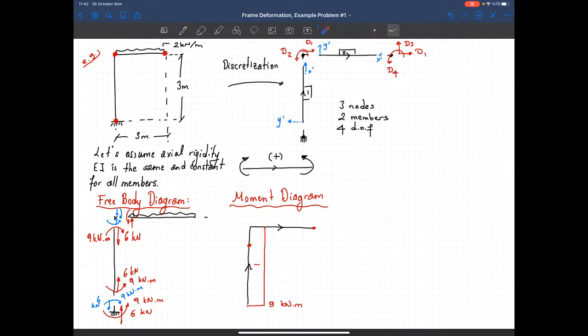I got 6 kilonewton shear force here and 0 here, and this is a positive moment, so the moment should increase. How? I have the highest slope here and 0 slope here, so the shape should look like this. That's the moment diagram.